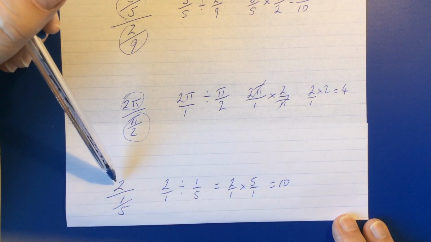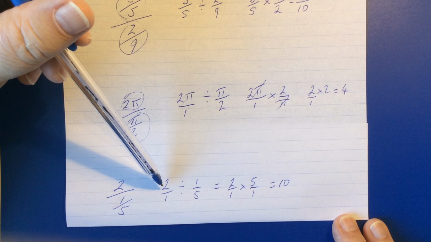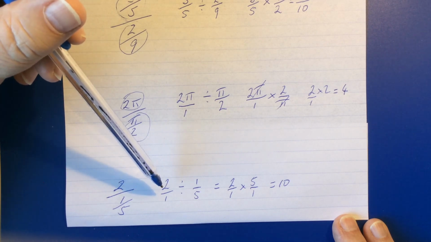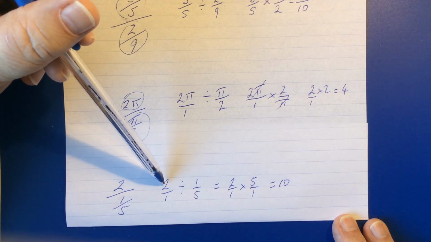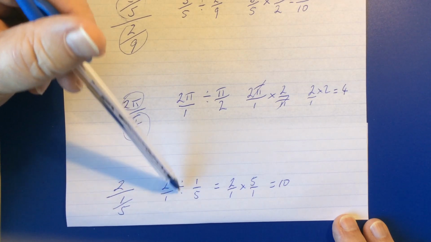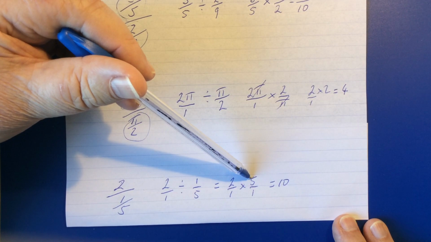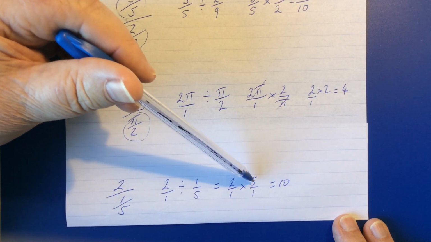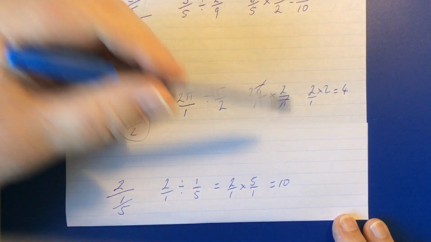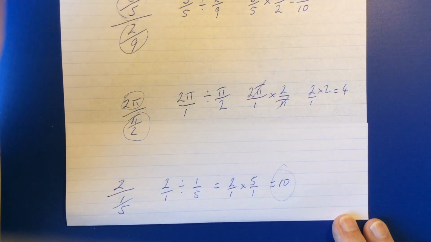That's what this says. Well, what do we do? Well, it's 2/1 divided by 1/5. Save, change, flip. 2 times 5 is 10. It's 10/1. That's our answer. That is how you do it.